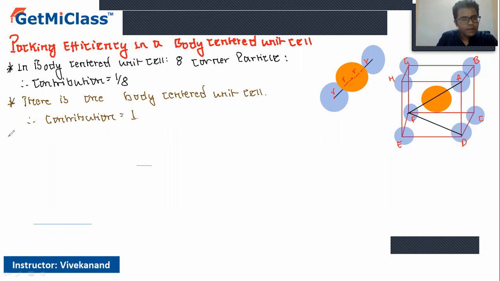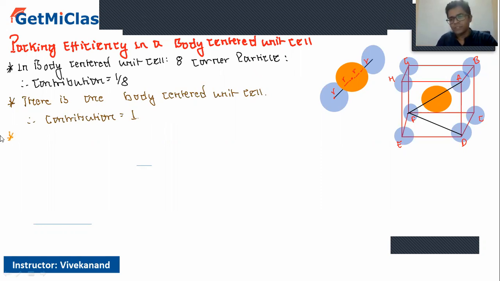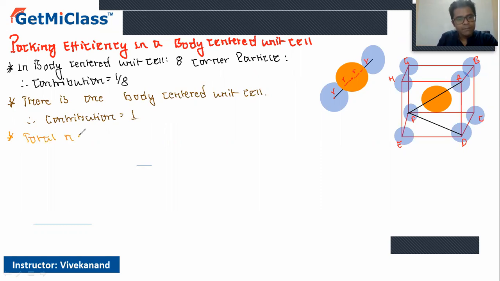Now, after this, we need to take into consideration the total contribution. So the total number of spheres. Here, the total contribution is going to be 8 into 1 by 8, and that is 1. So therefore, 1 corner particle and 1 body-centered particle, right?